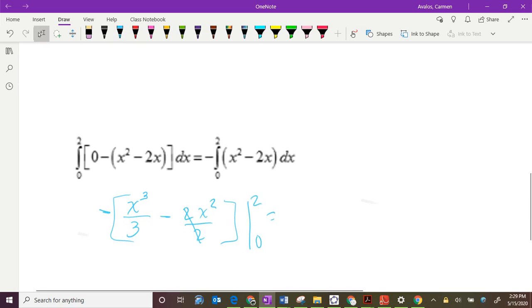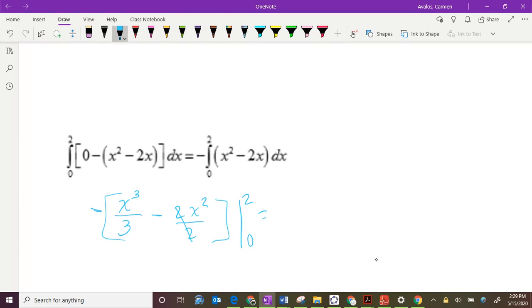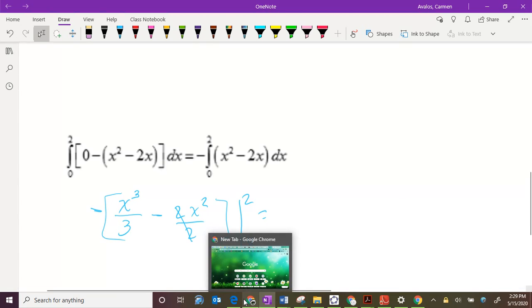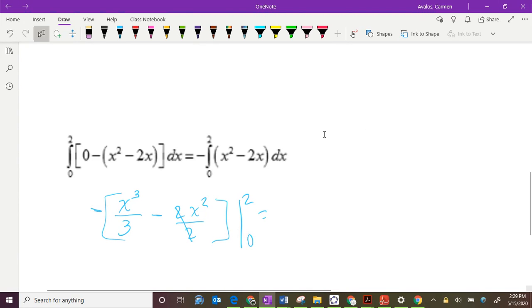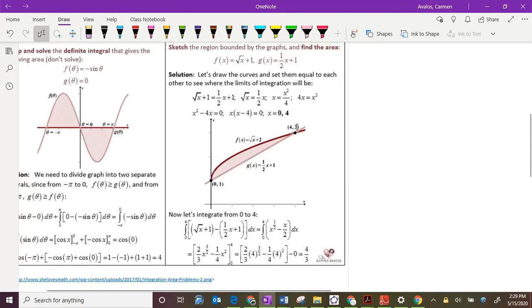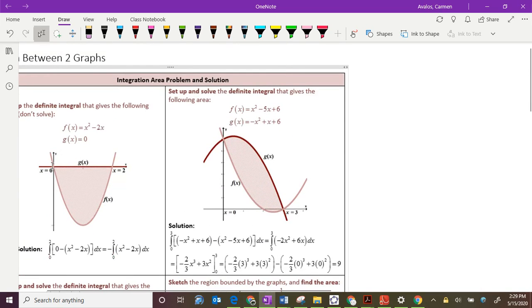Now you're just doing the evaluation. You start with the top number, evaluate this, minus the lower number, because this is the bigger number. Remember, we're finding the area between 0 and 2.